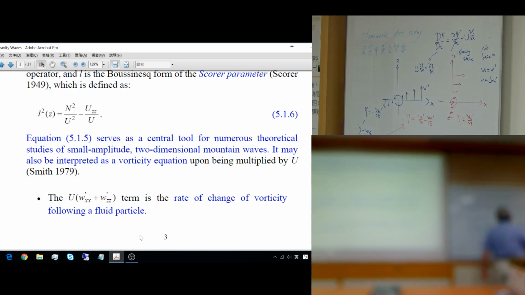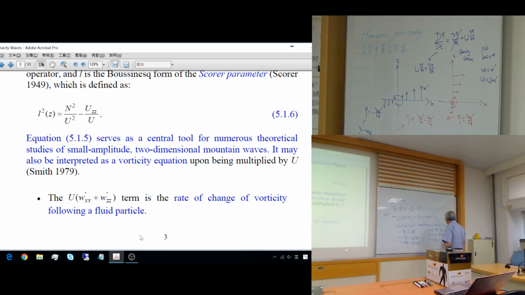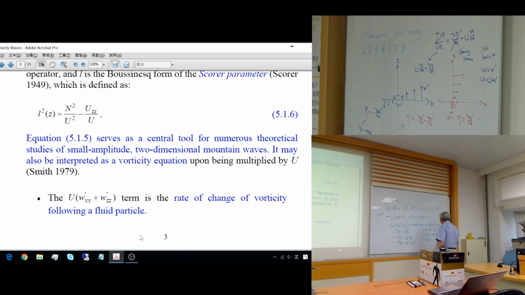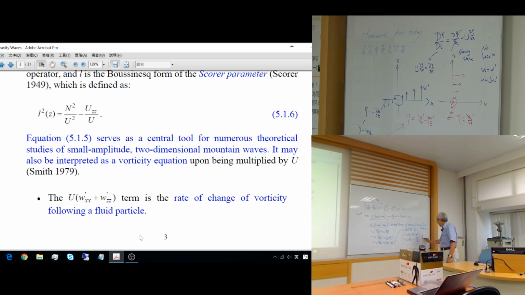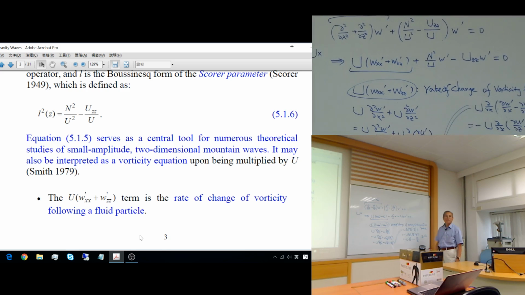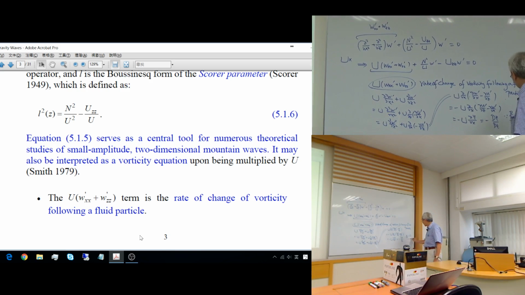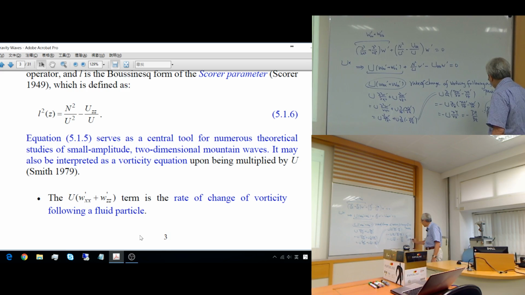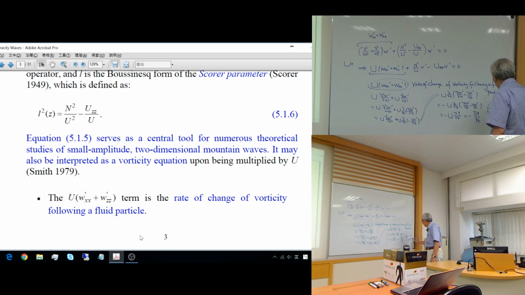So this is equal to negative d eta dt, because d/dt is equal to u d/dx for steady state, two-dimensional flow. So that's why we say it's the rate of change of vorticity following the fluid. Following the fluid is the total derivative.